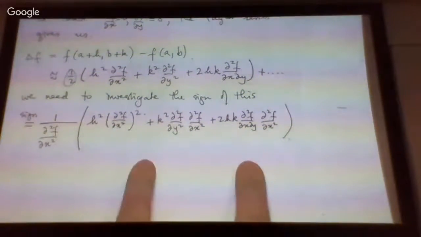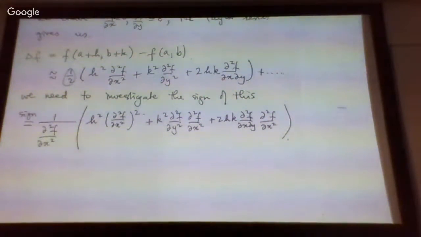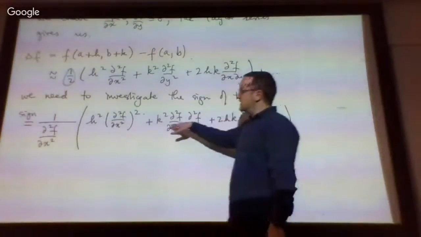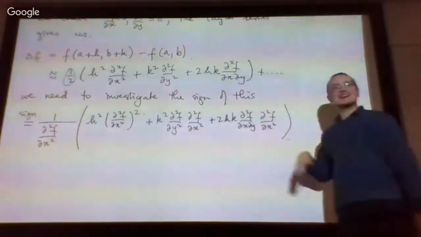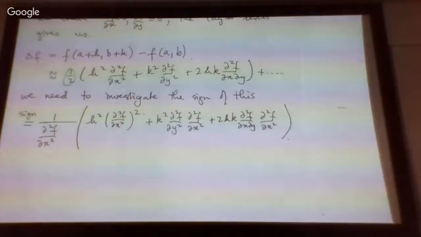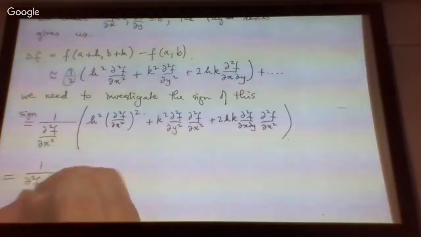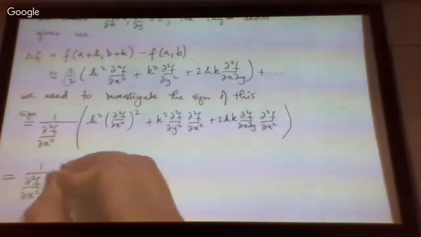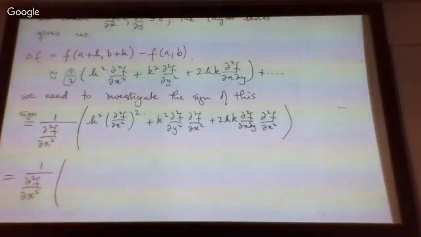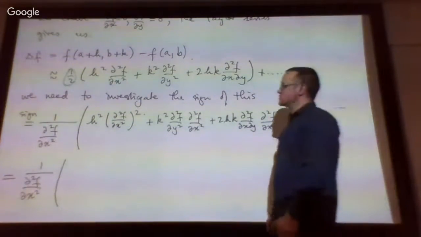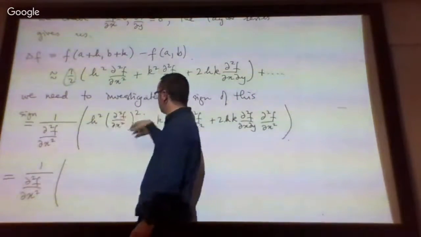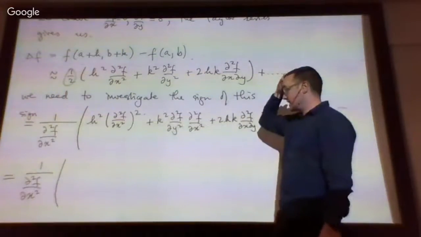And now I'm looking to complete the square, okay? Because the reason I've done this is that this structure inside the bracket is now slightly easier to recast as the square of something. So I've still got my 1 over d2f dx squared here. Well, the thing I'm going to choose as the square is kind of dictated by the behavior here in the h squared and the k squared.